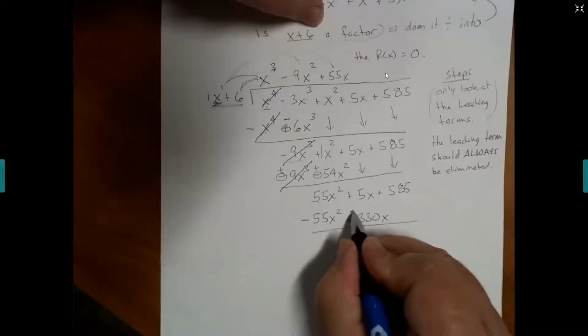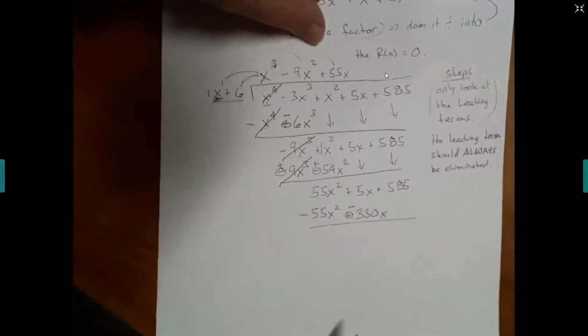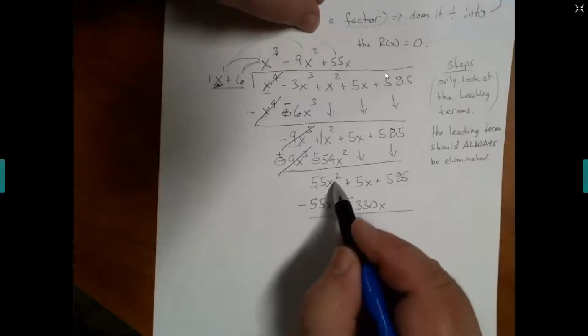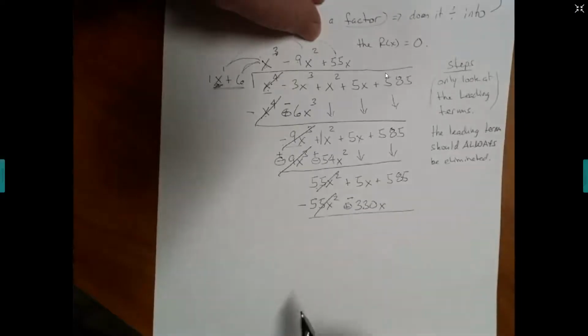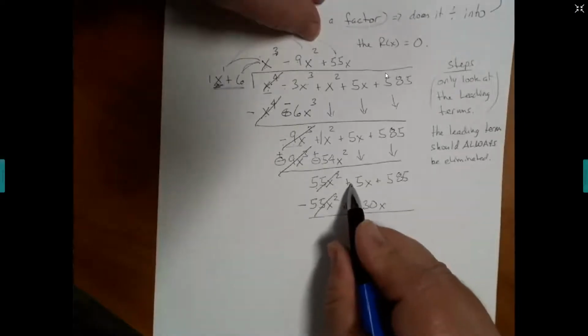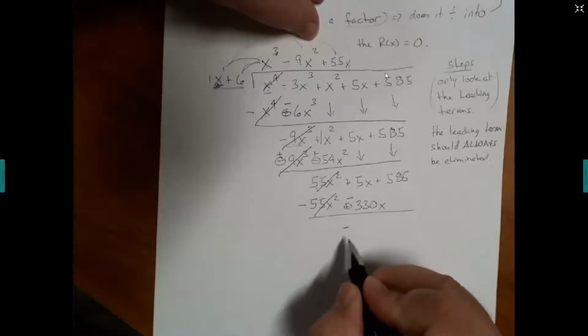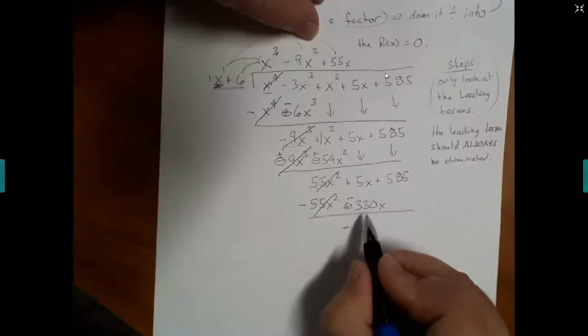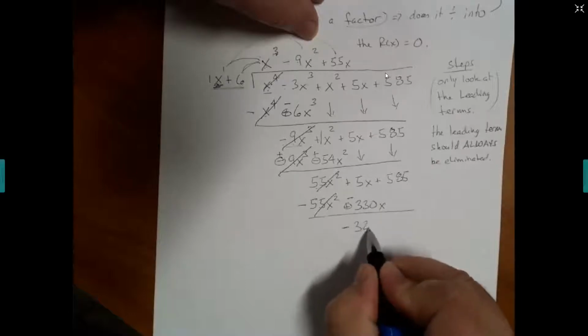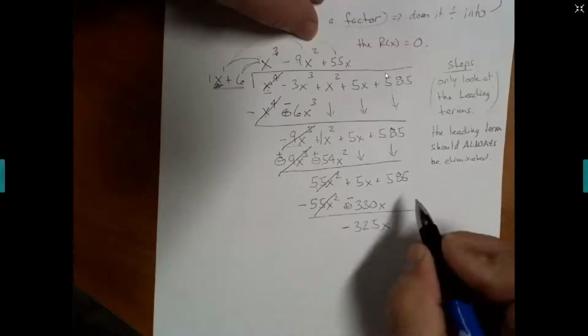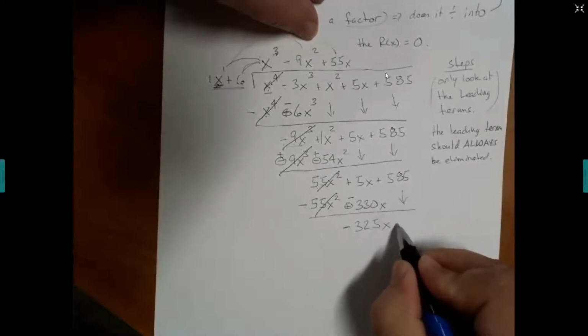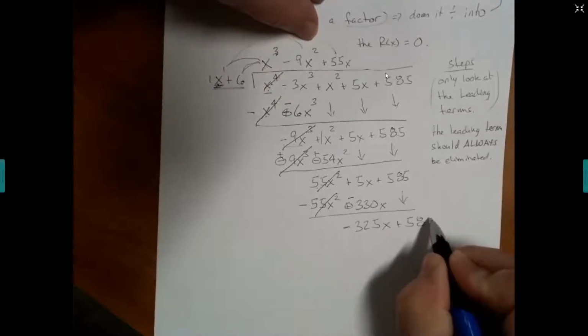This one's positive, I change it to negative. Now I add. 55 minus 55, they cancel. 5 minus 330, since 330 is bigger, the answer should be negative. 330 minus 5 is 325x. And bring down what's left.